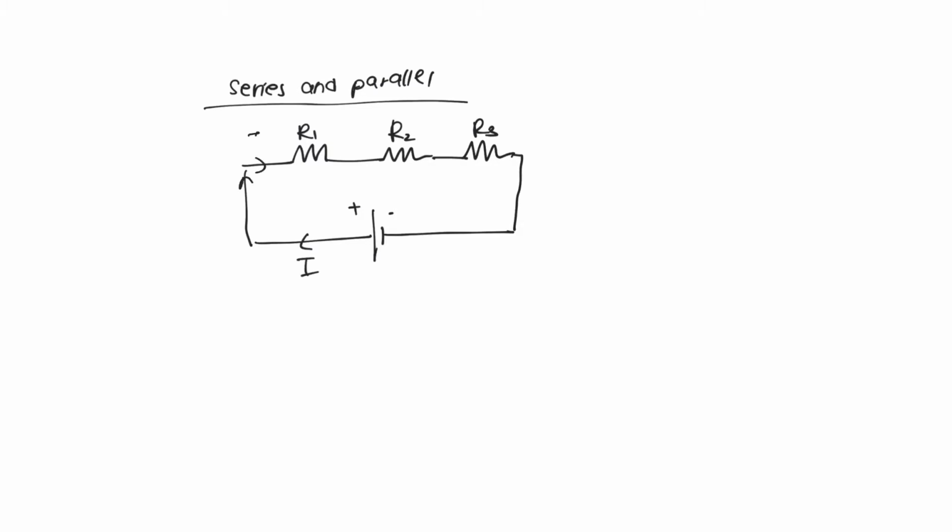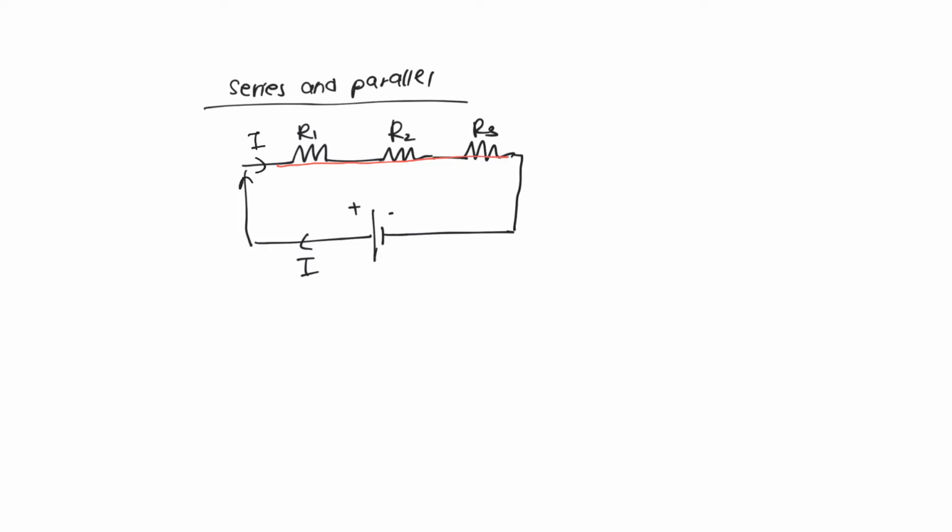The current doesn't have any different path to flow. The only path it can flow is this one.